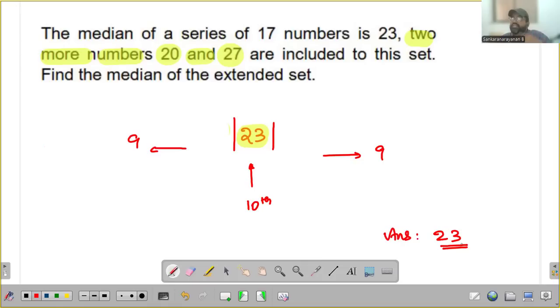But here, the biggest advantage is that 23 is in the middle, 20 is one, which is less than 23, and 27 is another one which is greater than 23. So the median will still remain the same as 23. The position won't change. Okay, so that brings a conclusion to our question number 11.